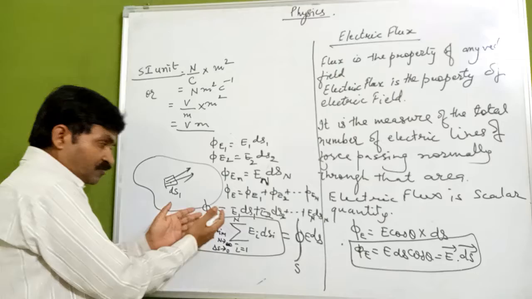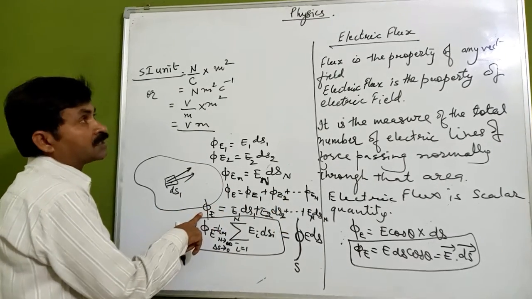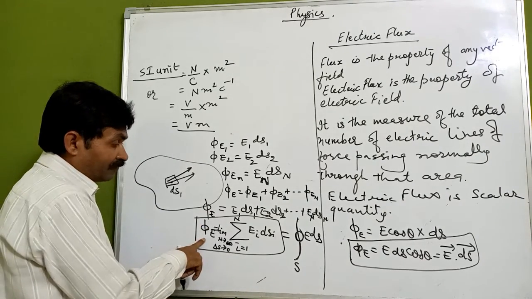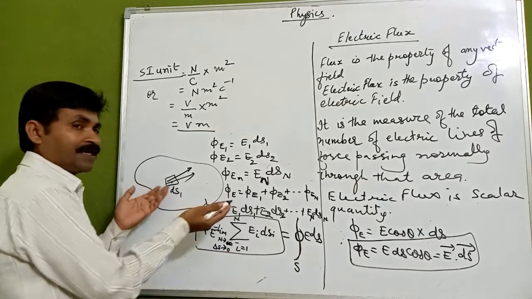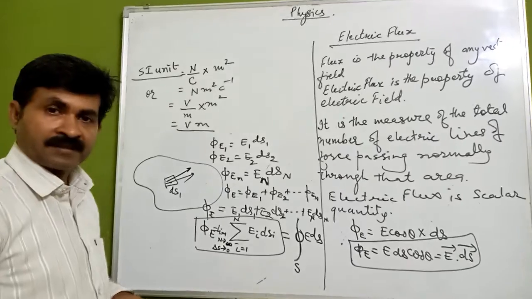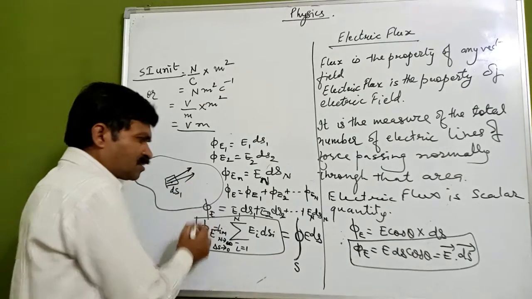The sum of the field lines which we have got is your electric flux. So ultimately, phi E is equal to the limit n tends to infinity, n may be an infinite number of areas, delta S tends to 0, they are very small.